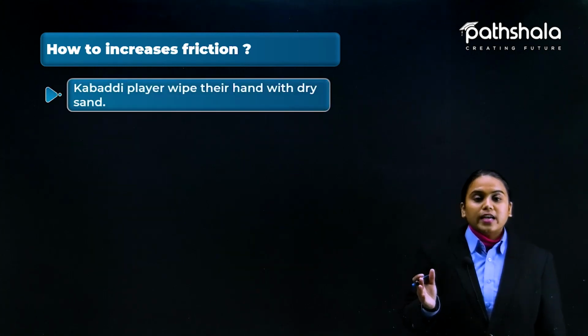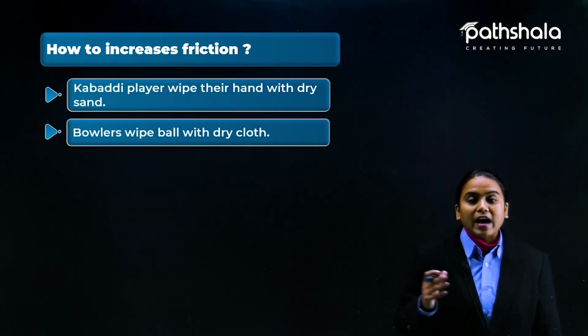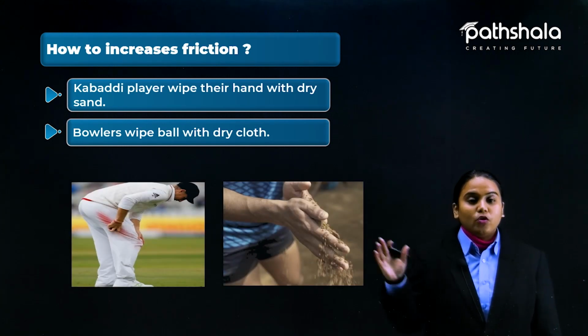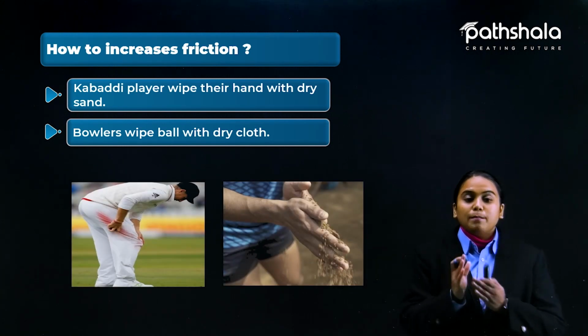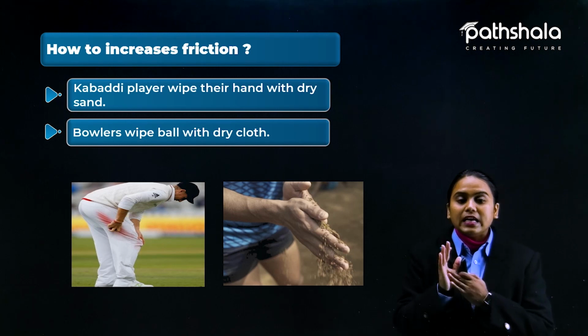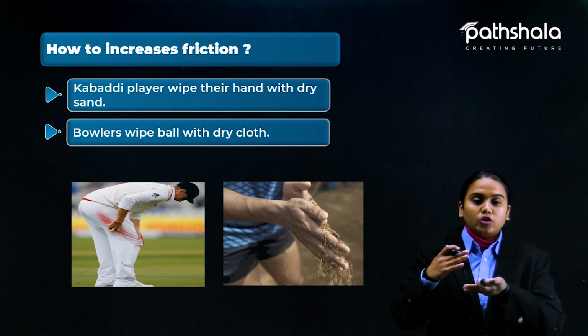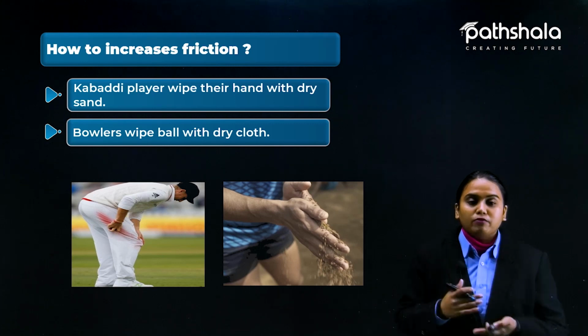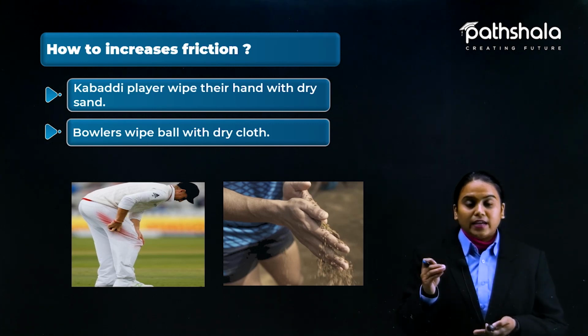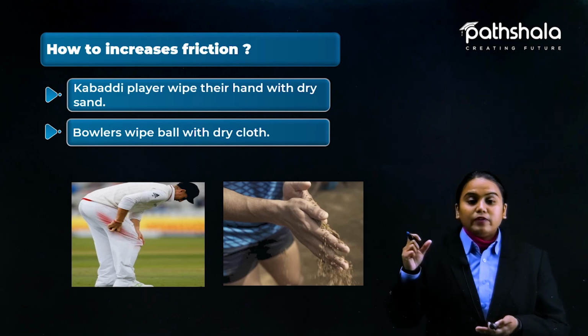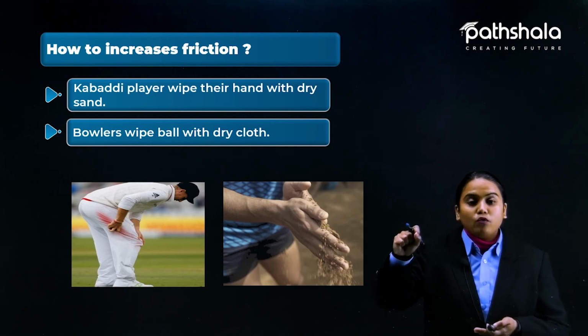One more condition, as you can see, is that kabaddi players wipe their hands with dry sand. As you can see in the picture, sweat glands are in the palm and some other parts of our body, like the toes and the beneath part of our foot, and the sweat gives us less grip over something.